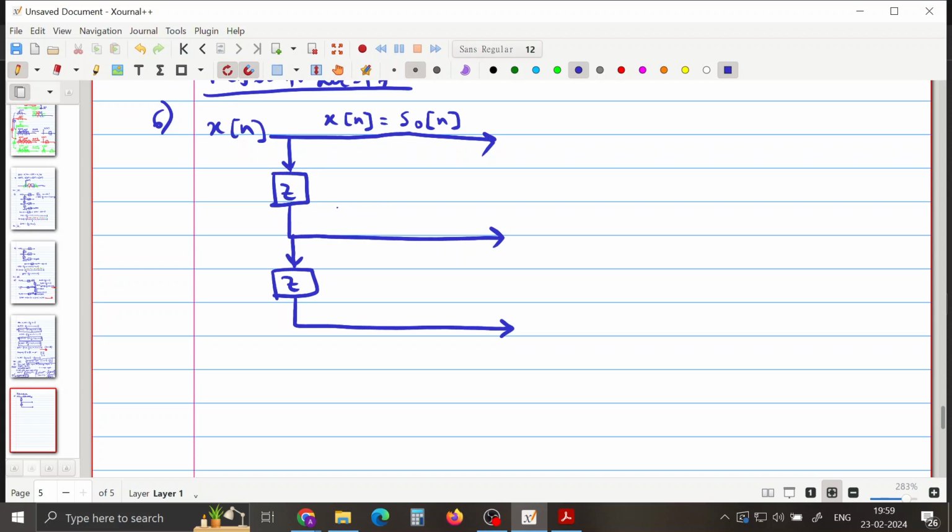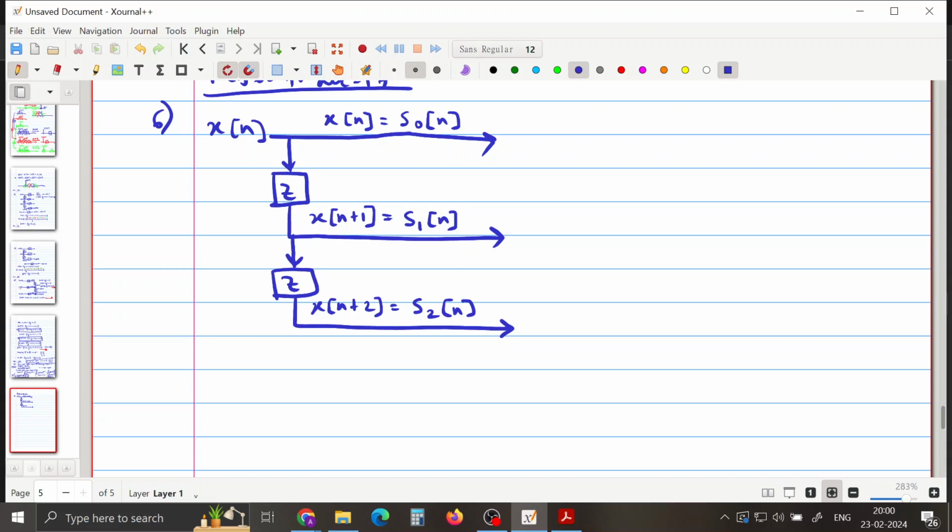Now you take the second branch, so it gets advanced by 1 unit of time. So you will obtain here x of n plus 1, and I'll call this s1 of n. Similarly, for the third branch, you get one more advance block, so you get x of n plus 2, which I'll call s2 of n.